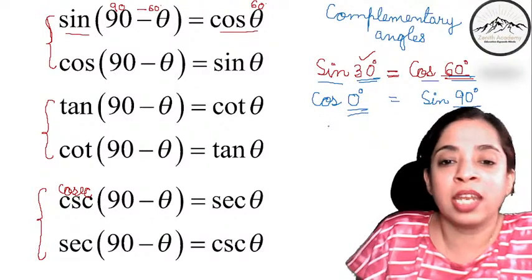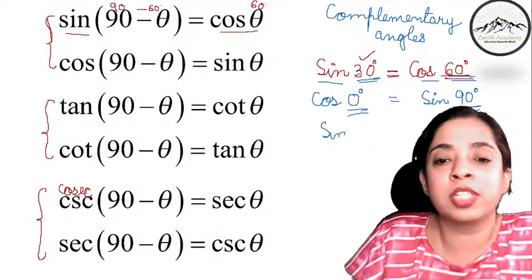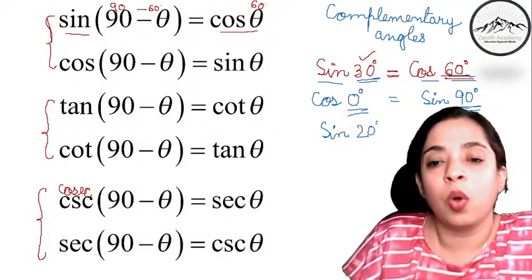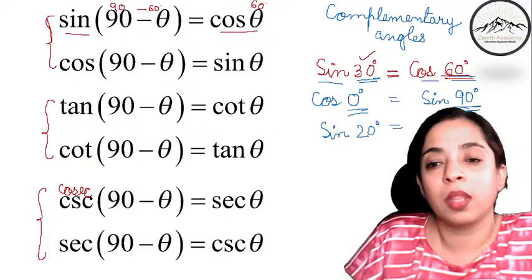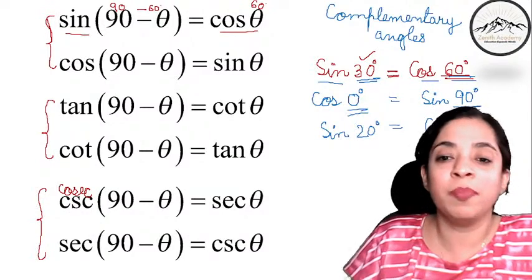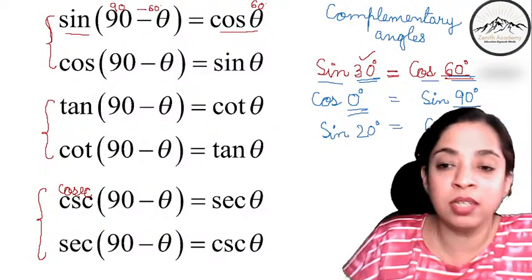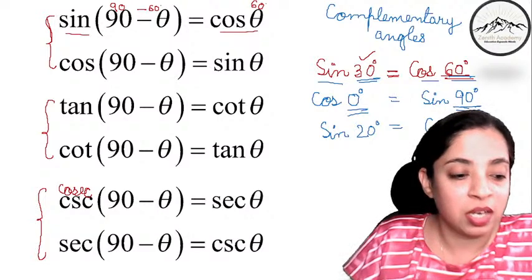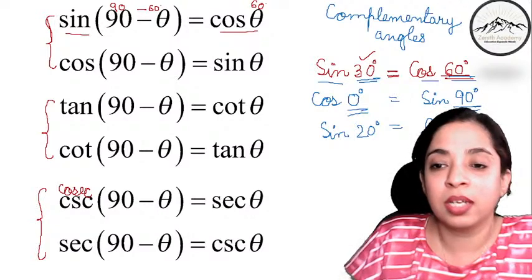Aryan, now you tell me, if I put sine 20 degree, what will be cos? Cos will be 90 minus 20, which will be what, Aryan, tell me? 70. Very good.